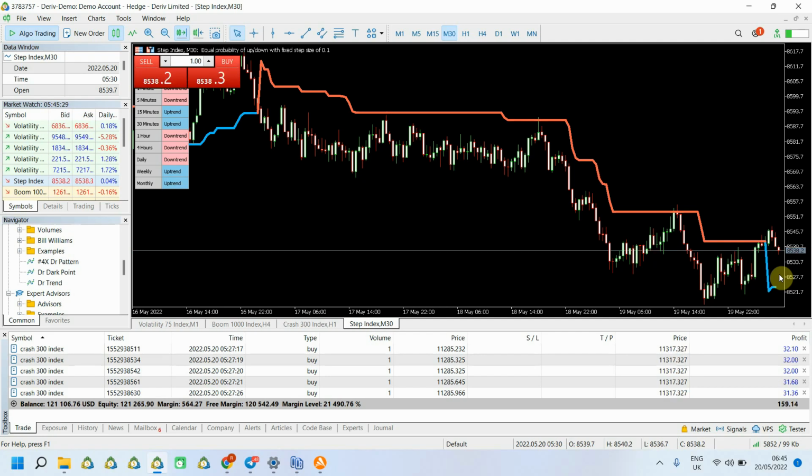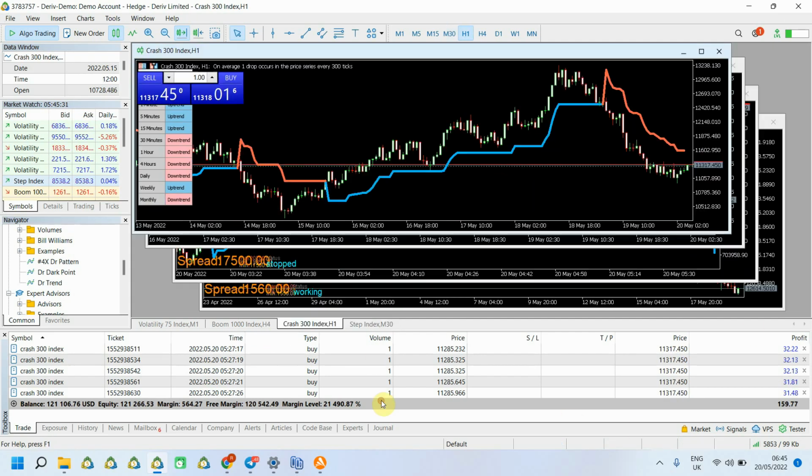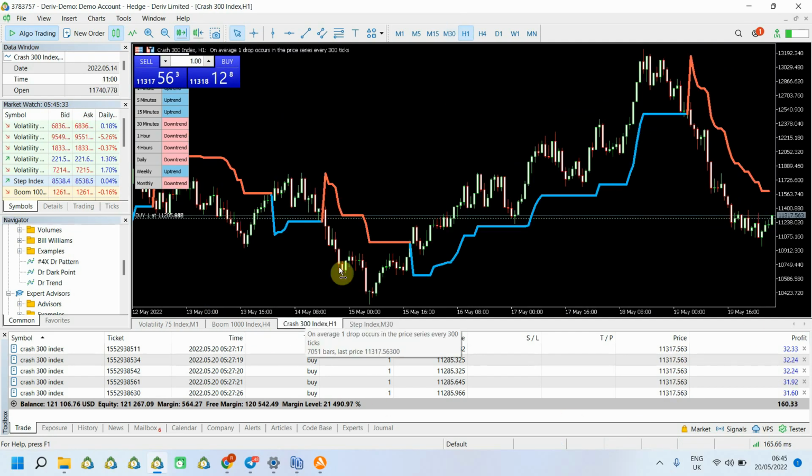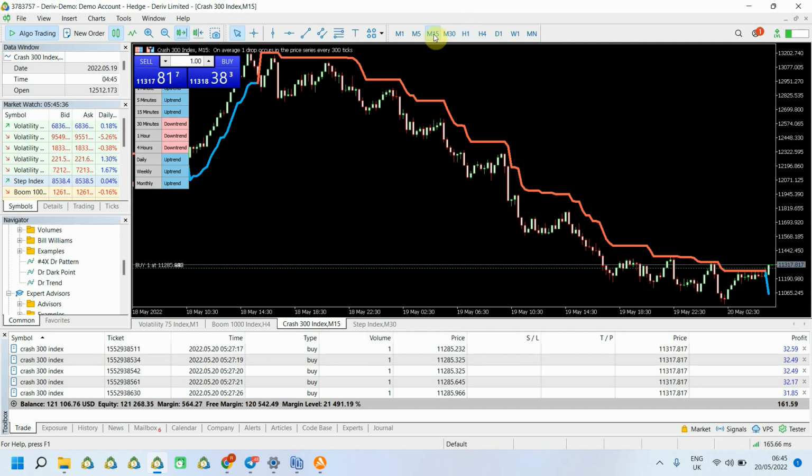Let's go back to our Crash 300 and see if there have been any changes on Crash 300 1 hour. Now you see what I'm saying on 15 minutes that I used to enter the market before. I entered because I know that the market has tested this level over and over again. So I'm expecting a buy market. And now we see on 15 minutes the trend is already changing.